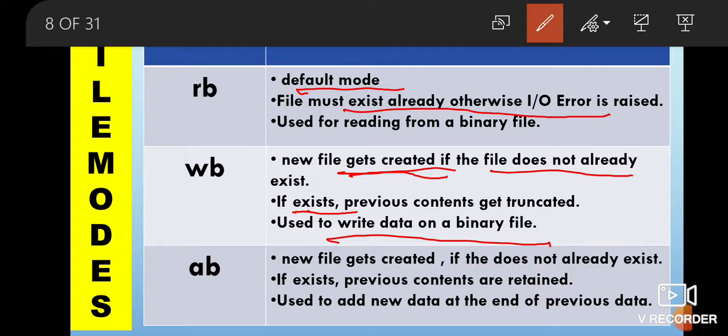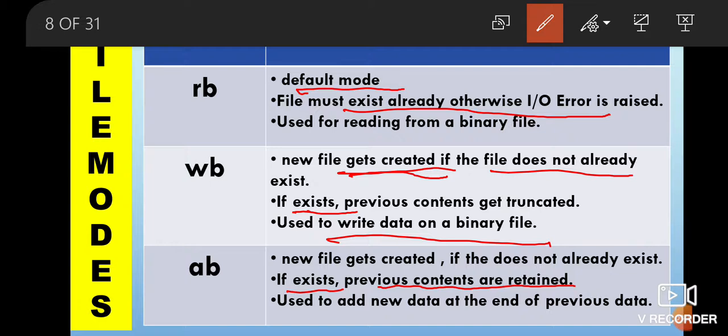Clear? Next is AB mode, where A stands for append and B stands for binary. Appending means adding some data at the end of the previous data. Therefore, in this mode, if the file exists, then the previous contents are retained. Okay, they are not truncated like it used to happen in case of WB mode.